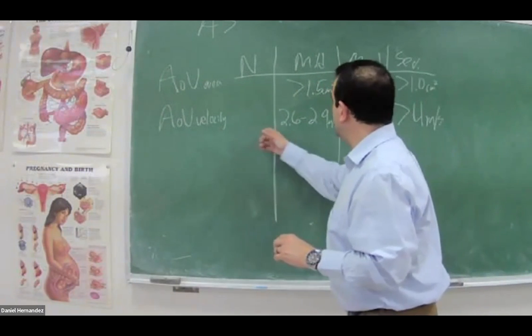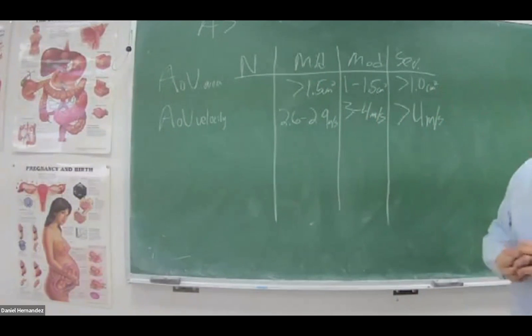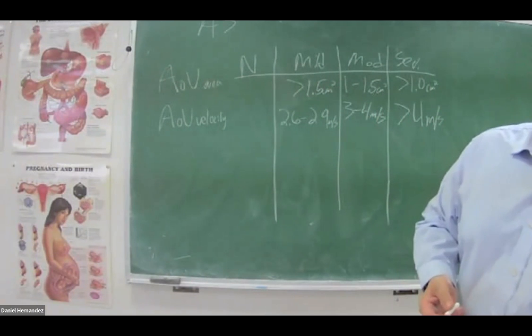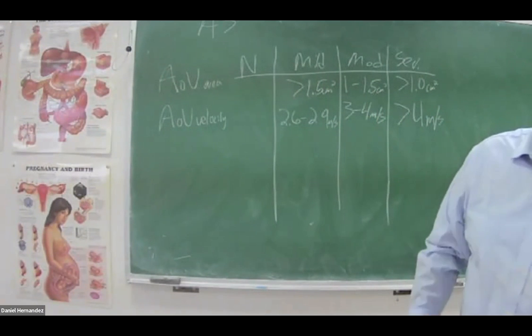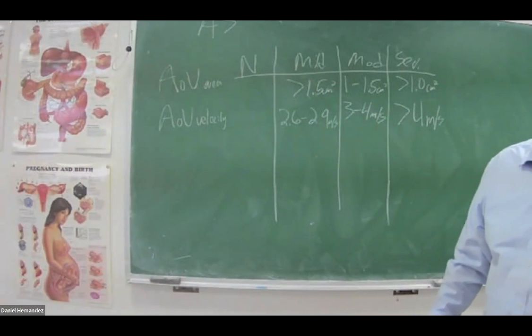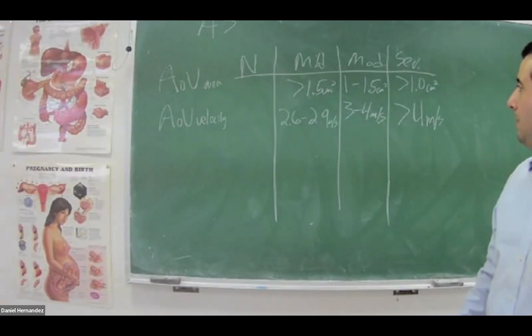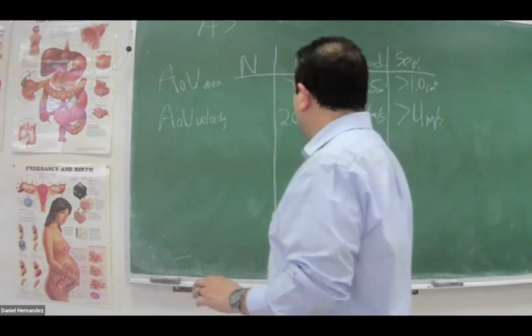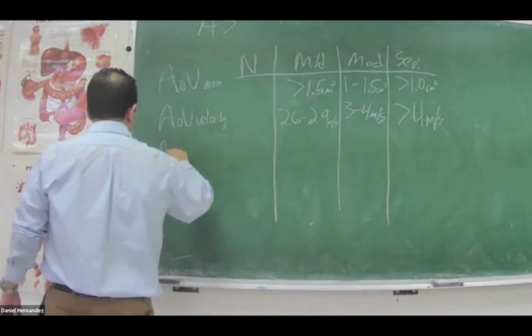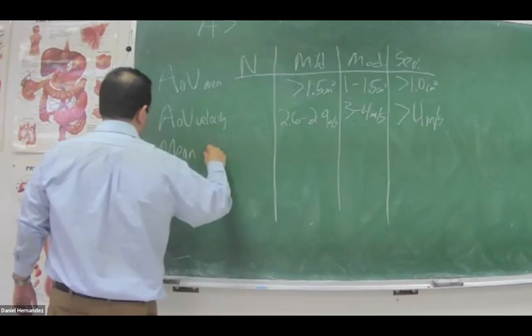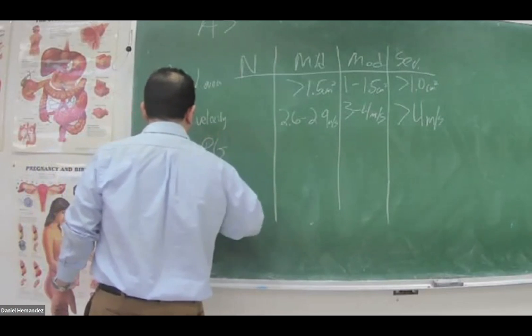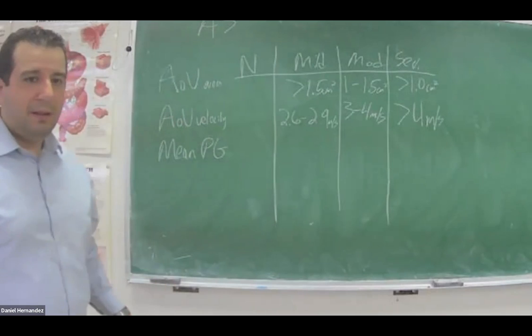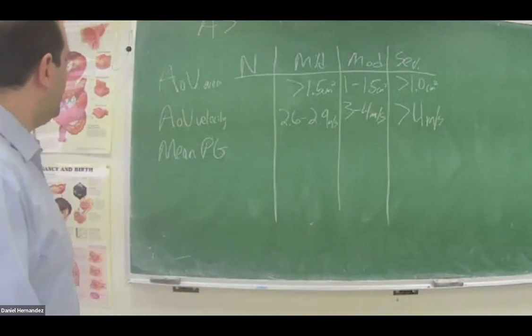But in terms of stenosis, these are going to be your values for velocity. The other measures that we can do are going to be either mean pressure gradient or max pressure gradient. More common is going to be your mean pressure gradient. It's a little more accurate than just measuring the max, particularly with patients that have arrhythmias.